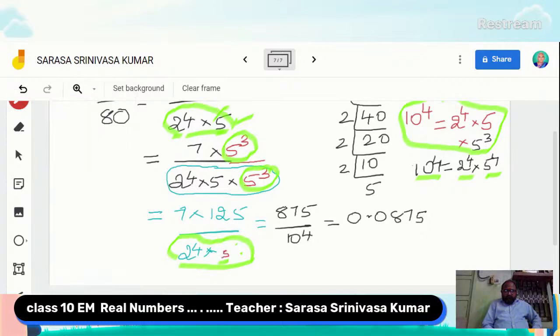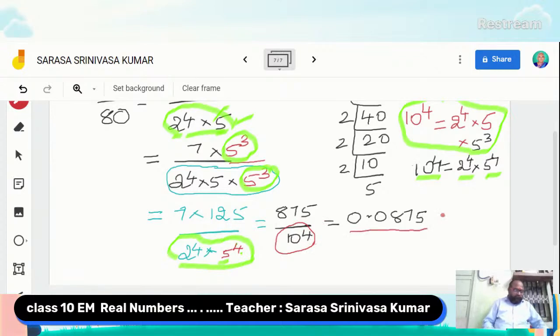So 2 power 4 multiplied by 5 power 4 is 10 power 4. So I got the form 10 power 4 in the denominator. Therefore, 875 by 10 power 4 is equal to 0.0875.